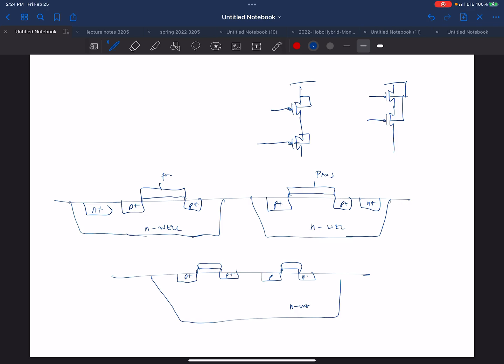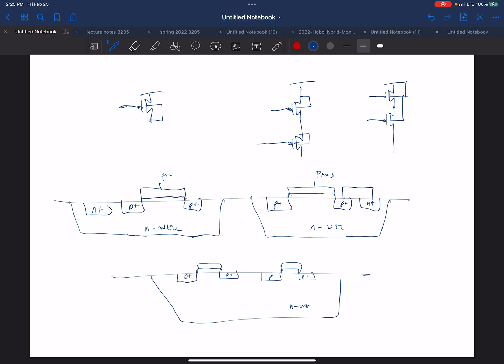Now, one more question is, let's say you had just a PMOS. Why couldn't you hook it up like that? You could, right? Physically, I can connect this guy to this guy.